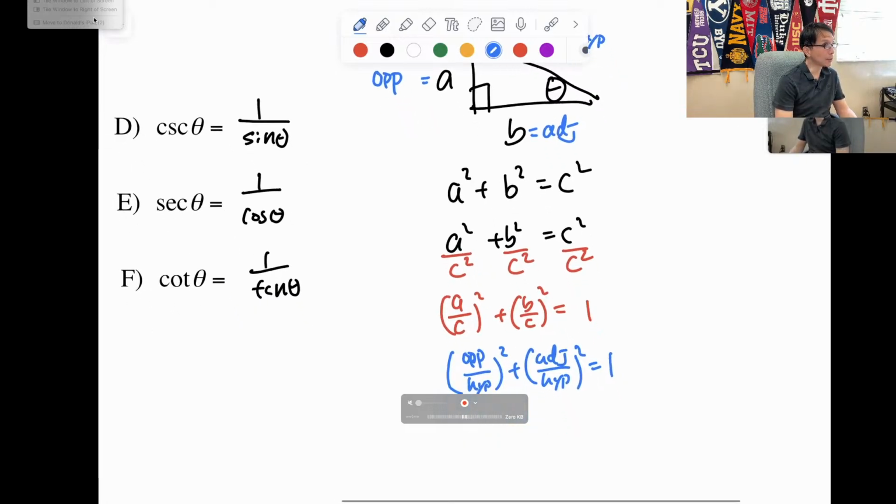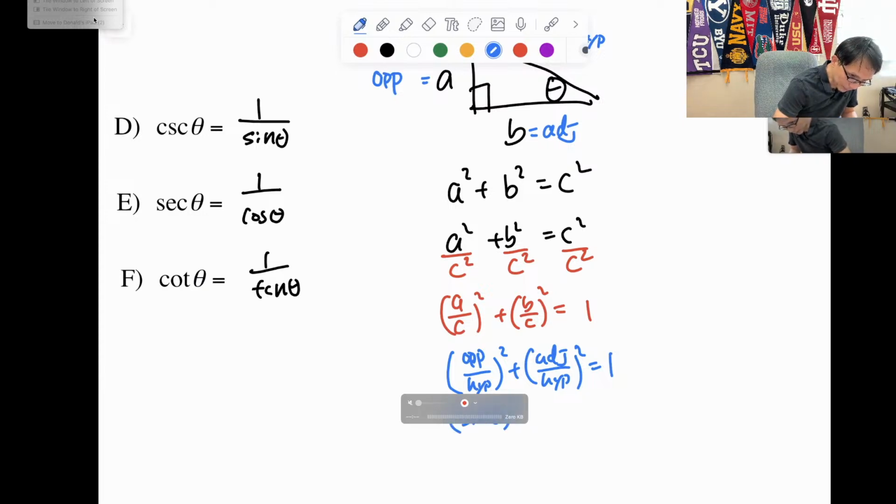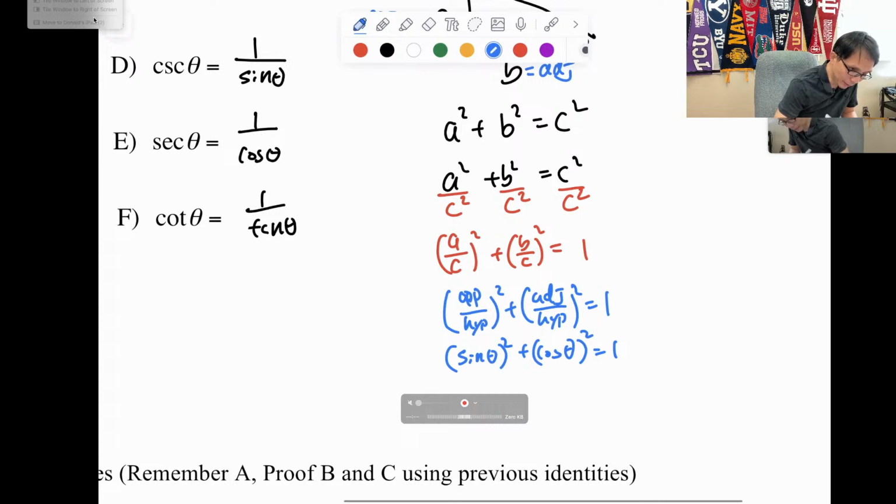What is the opposite over hypotenuse? Sine. Now, in my class I never write it as sine theta in parentheses squared, because that's a lot of writing.